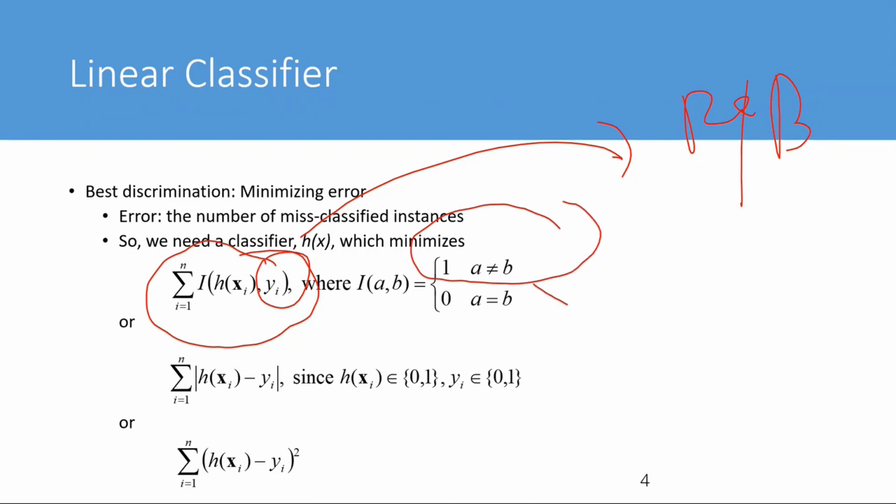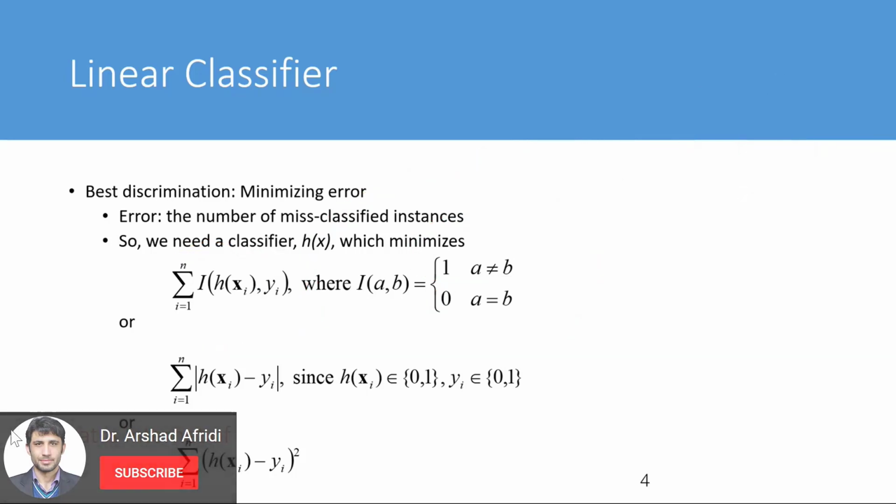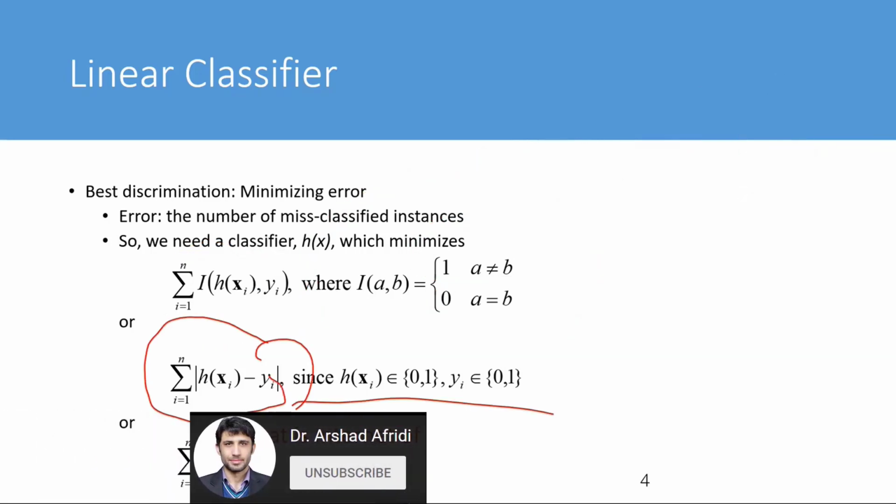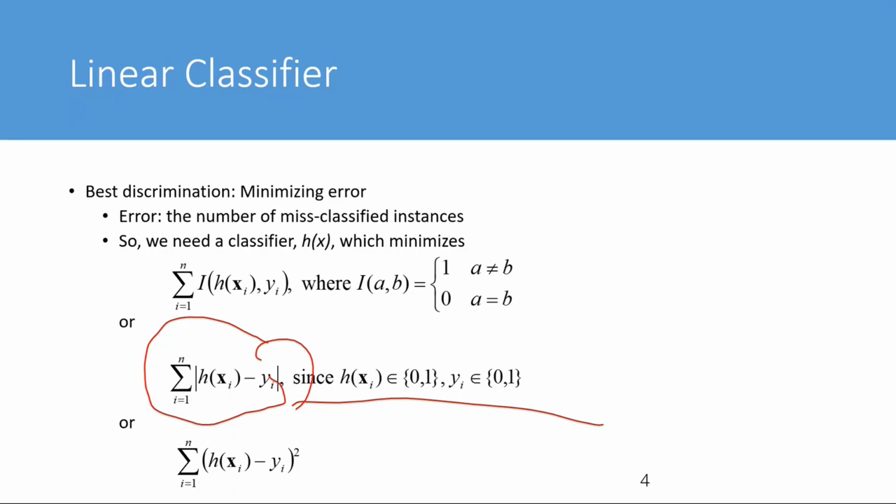But if A is equal to B, it means there is a problem with that instance. Or you represent this with a simple difference equation where the classifier could be any value between 0 and 1.